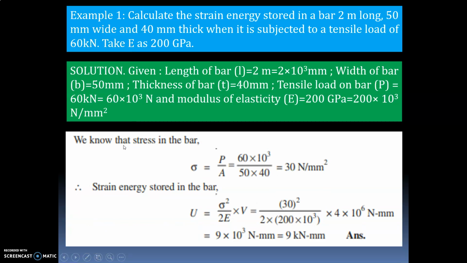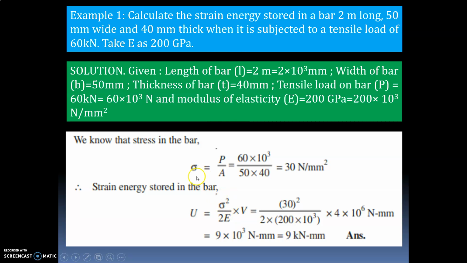Now direct substitution. We have the formula, strain energy stored in the bar, U is equal to sigma square divided by 2E into V. We don't know sigma, so we have to calculate it here.